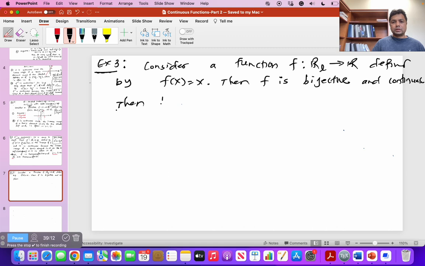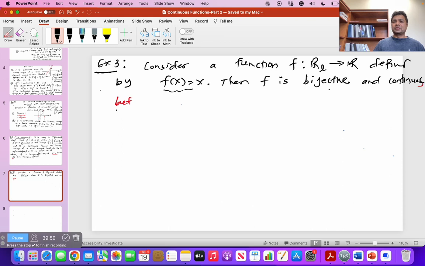But the inverse of this function, which is from R with the standard topology to the lower limit topology, defined using the same relation, is the inverse function, because our function is the identity function and the inverse of the identity function is itself.